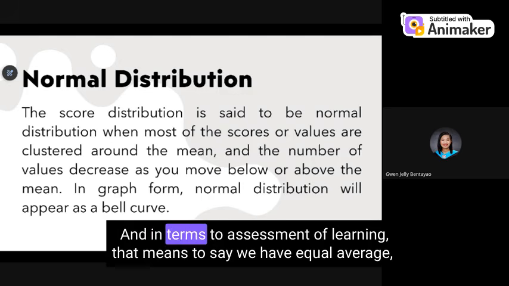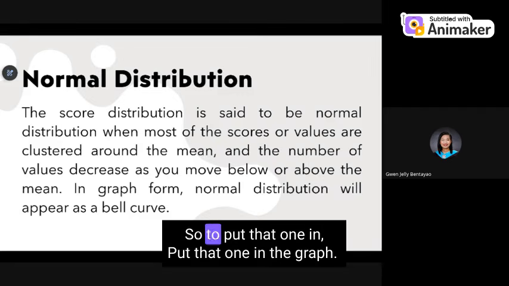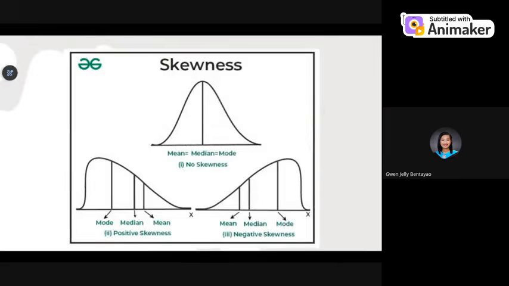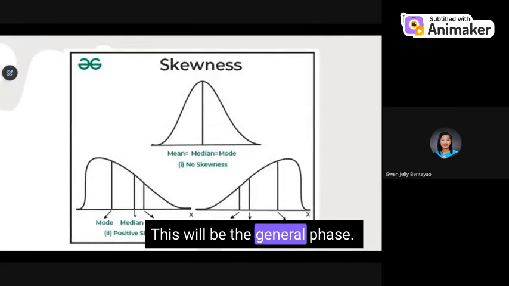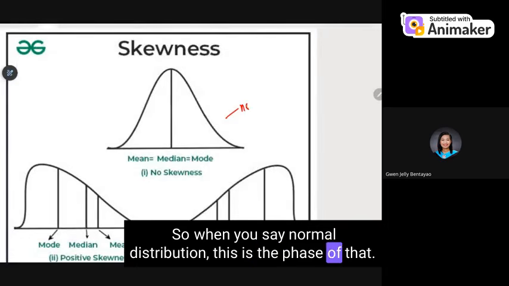In assessment of learning, that means we have equal average, median, and mode of the scores of the students. To put that in a graph, this will be the general shape. When we say normal distribution, this is the shape of that.